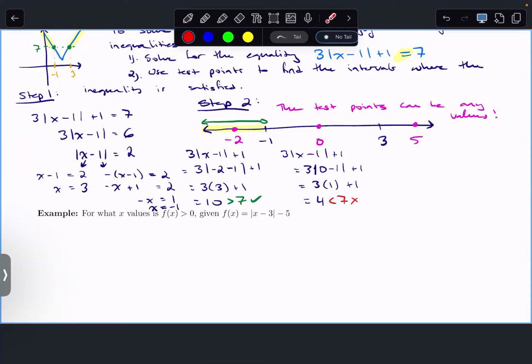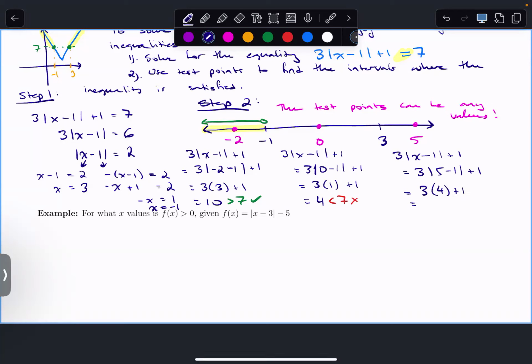So then, for this last section, which we suspect will work again, right? But let's confirm. 3 times the absolute value of x minus 1, plus 1, is 3 times the absolute value of 5 minus 1, plus 1, which is 3 times 5 minus 1 is 4, plus 1.